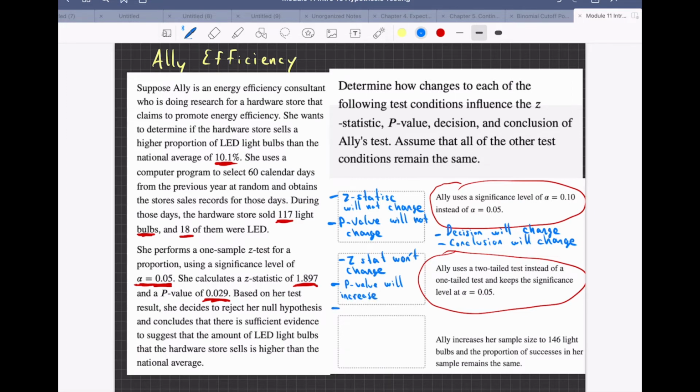But the decision will not change. Won't change. And the conclusion will not change. Won't change.